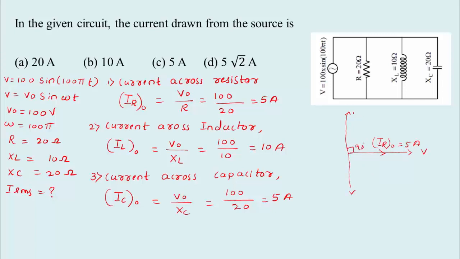Let us take this as the current across the capacitor. This maximum current we got is 5 ampere. For the inductor, the maximum current we got is 10 ampere. Right? So we know that IC and IL are both on the same line, but they are in the opposite phase.